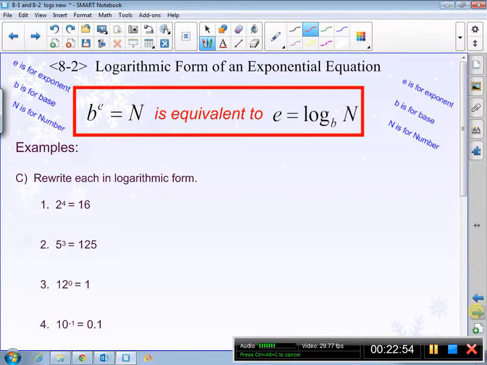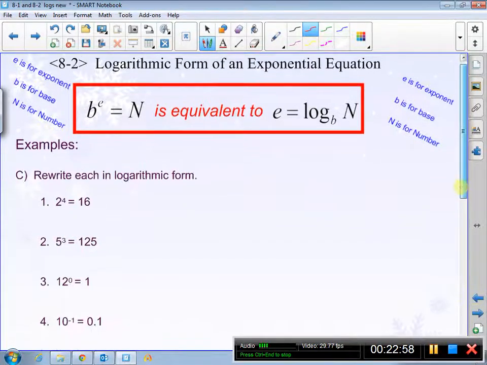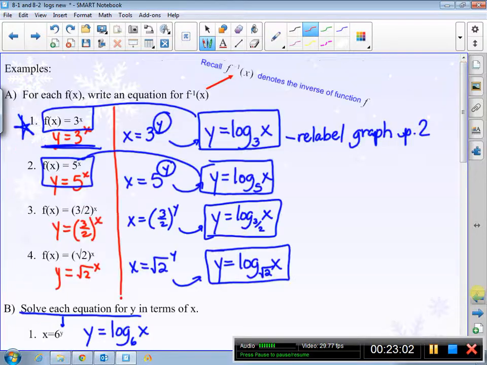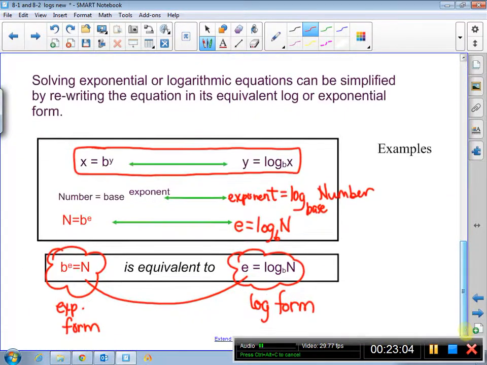So let's see what we have on the next page. I think we're good. Let me give you one example down here. We know that 2 cubed equals 8.